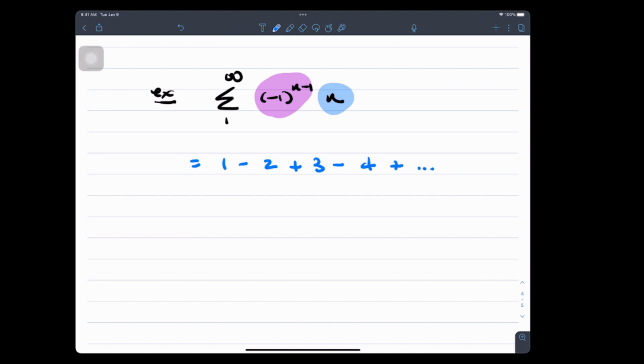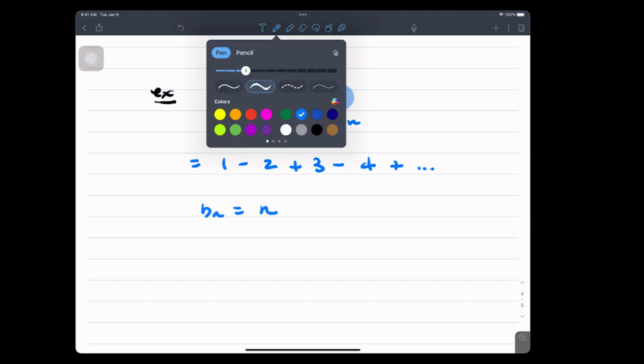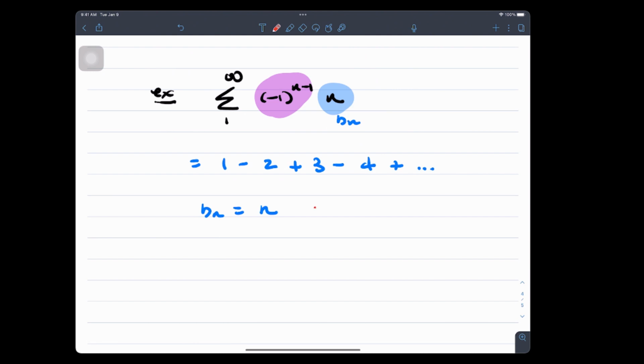So if you said, I'm going to try this Bn here, why can't you use it? I'm going to give you guys this fact. You cannot apply the alternating series test, right? You can't apply this test.